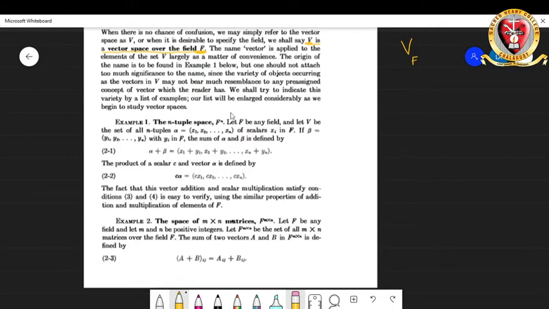It is the n tuple space and we call it F raised to n. Let F be any field.